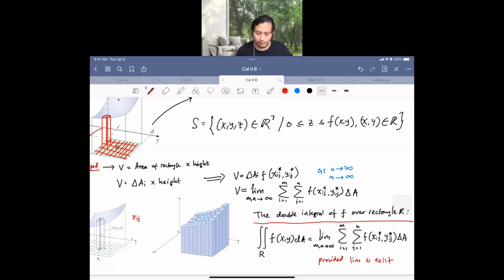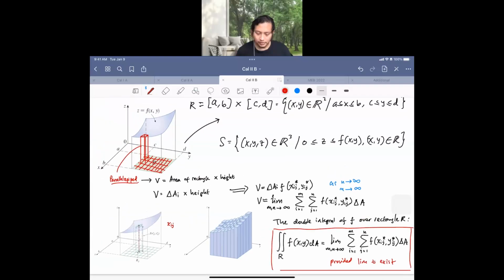So this is the first definition for the double integral.